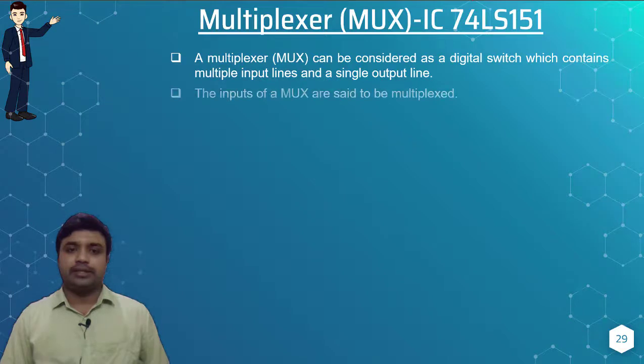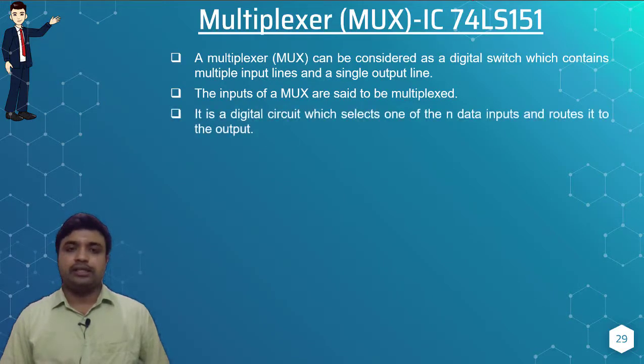Okay, and next, the inputs of a mux are said to be multiplexed. It is a digital circuit which selects one of the n data inputs and routes it to the output port.